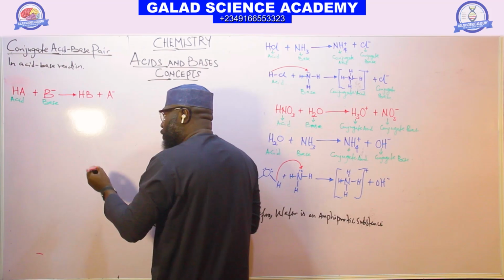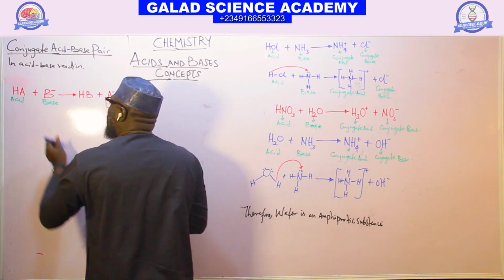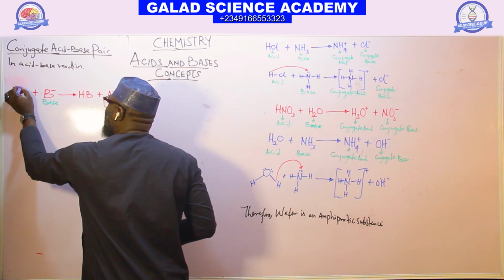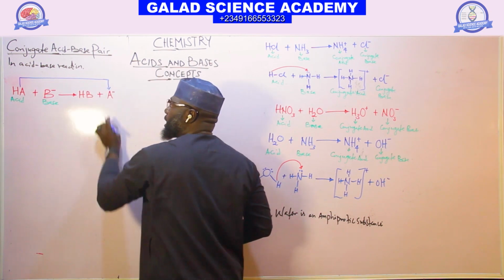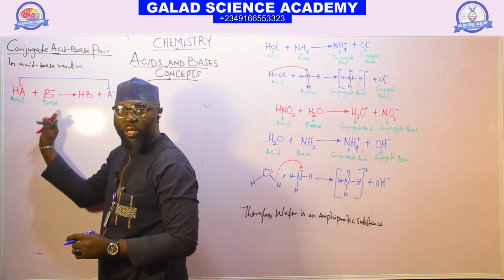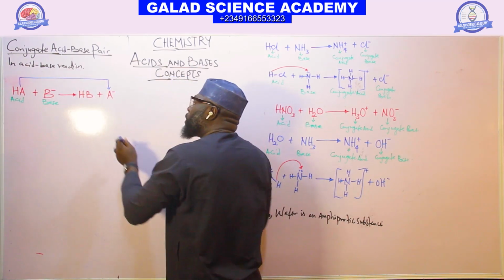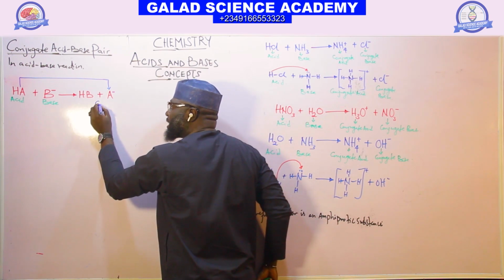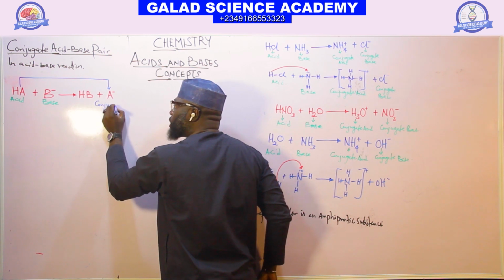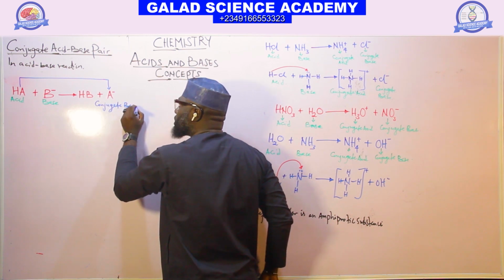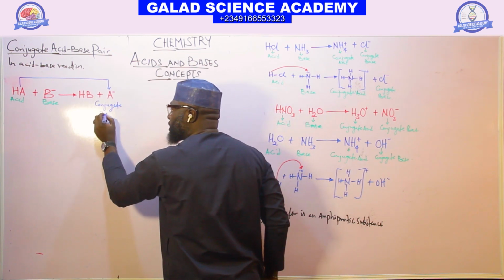The new substance that is formed from the acid, after it releases its H to B, is what we call the conjugate base.